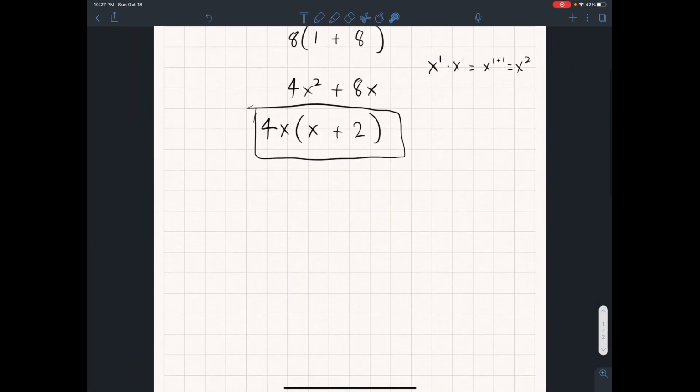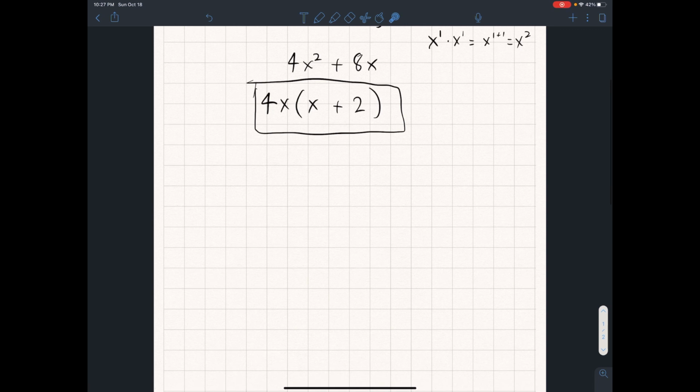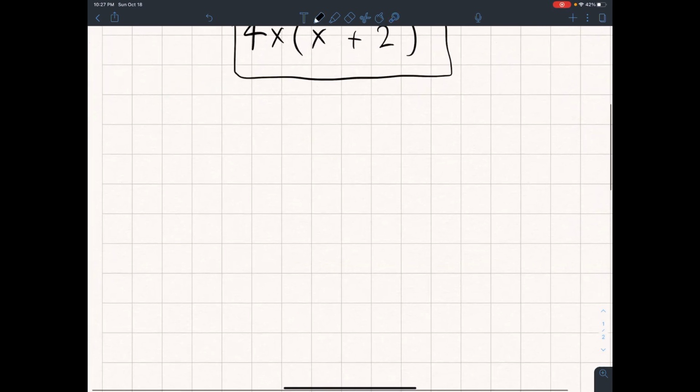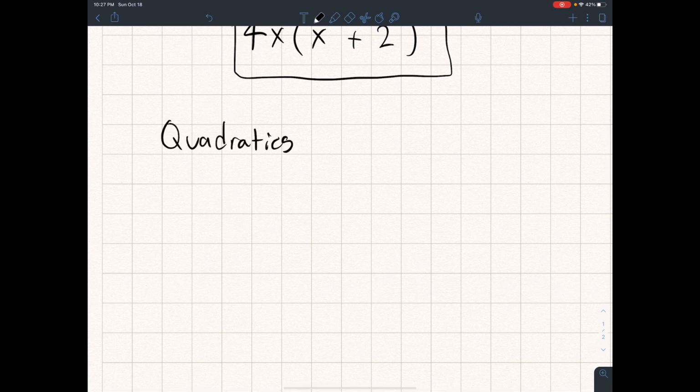So it gets more interesting when we talk about probably what you've seen so many times, and that's quadratics from Algebra 1. In quadratics, we usually had trinomials. Nomial just means terms, and tri meaning we have 3 terms.